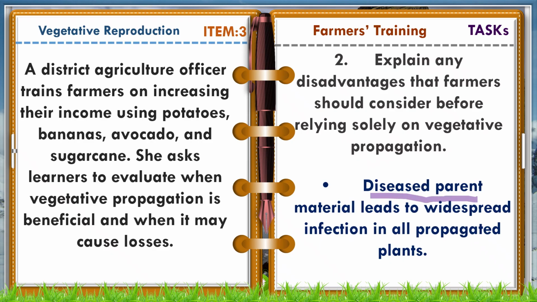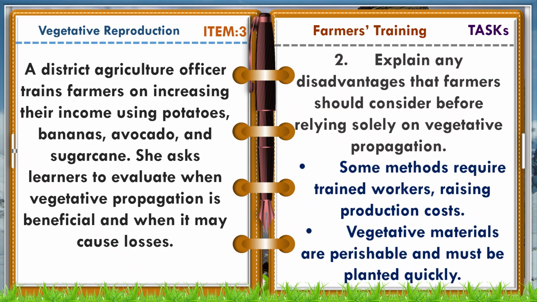Disease-infected material will lead to a widespread of infection to all propagated plants. Some methods require trained workers, and this raises the production costs. Vegetative materials are perishable and must be planted quickly.